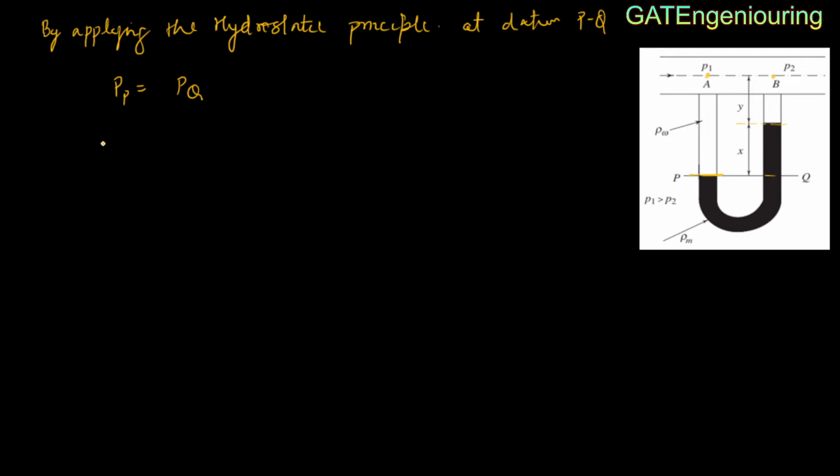Pressure at P is equal to P1 plus pressure because of this head, the pressure because of head at point P. So rho W into g, and the total head from the center of the pipe to this level is y plus x. So let's say this is equation number 1.